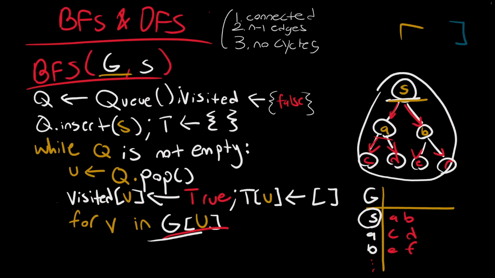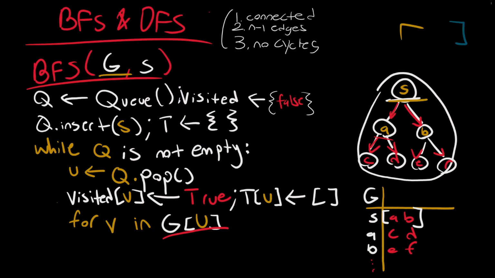And what this is going to return is this side of the table. It's going to return us an array of neighbors to possibly go through. Right here, give me the entries of S. So it's going to give you A and B. That's basically what we're getting right there.